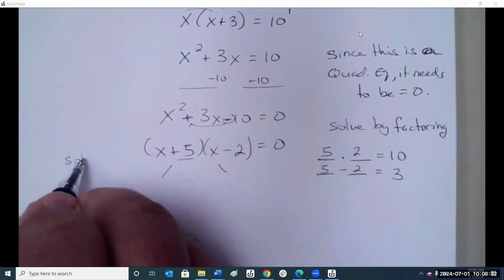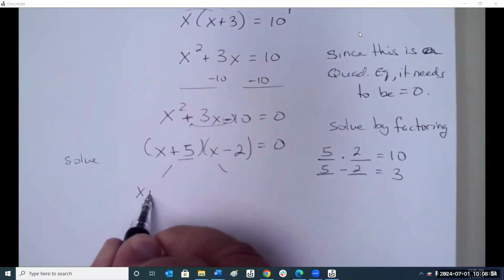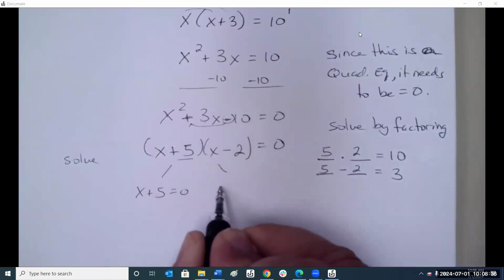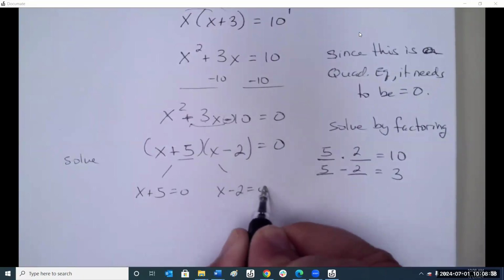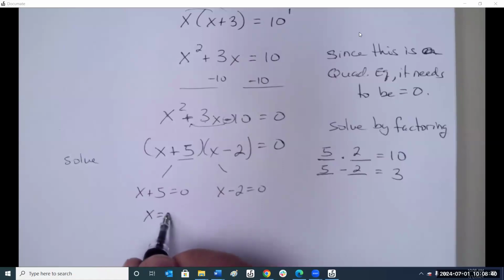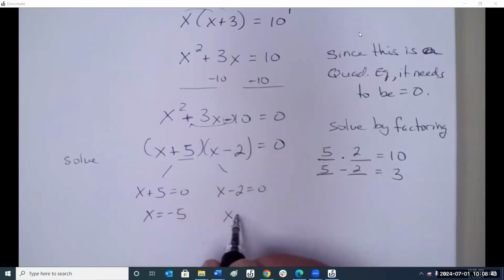Now solve. We get x plus 5 equals 0 and x minus 2 equals 0. x equals -5 and x equals 2.